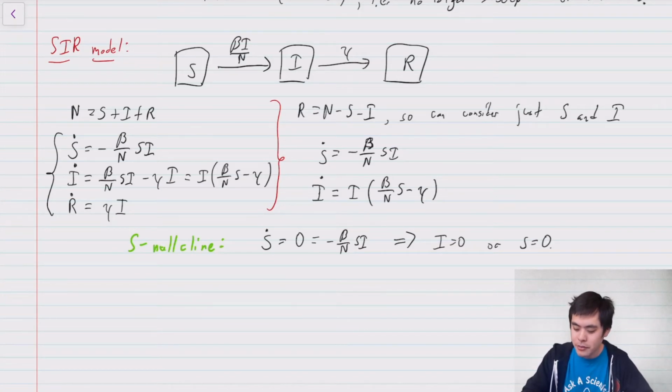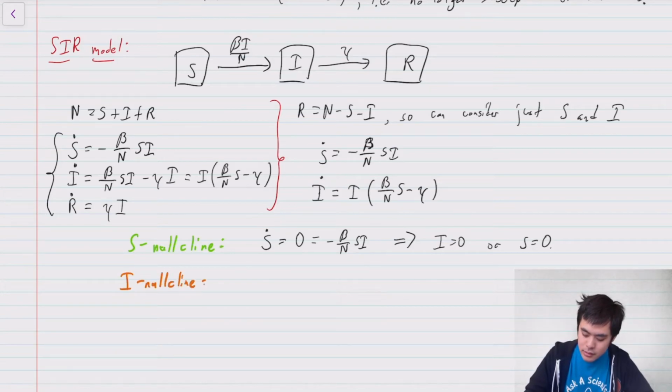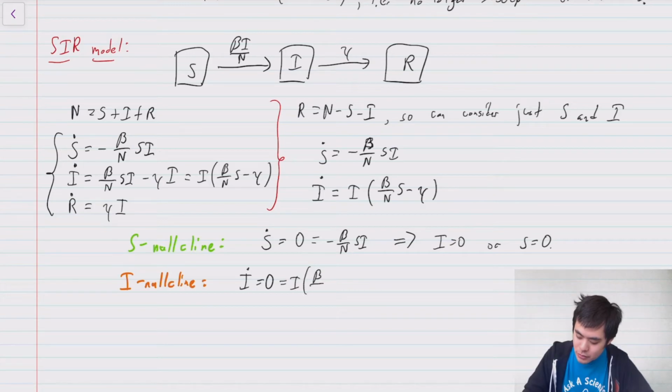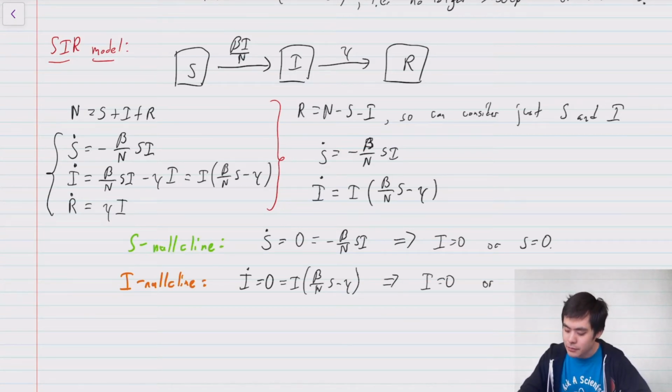And we also have an I nullcline. So this is when I dot is equal to 0. And I dot is equal to 0 is equal to I times (beta over N S minus gamma). And this is the reason we factored it out, because this implies that either I is equal to 0, or we know that S is equal to N over beta times gamma, for the second factor to be equal to 0.